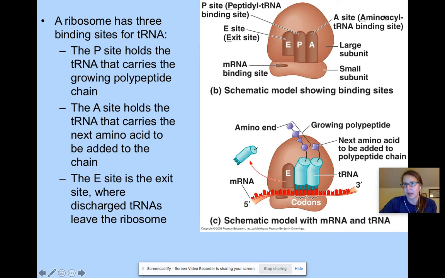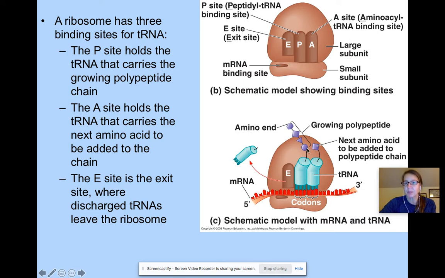You don't need to know the technical names of these, just the A site is fine. So in the A site, the next tRNA is going to dock. And now you see the P site is holding the polypeptide chain, and the A site is right next to it. So these two amino acids, the polypeptide chain and the amino acid of the tRNA on the A site, are going to then be catalyzed. That peptide bond is going to be catalyzed here.